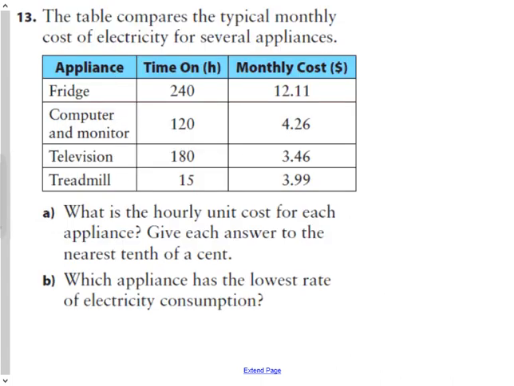Question number 13 says the table compares the typical monthly cost of electricity for several appliances. What is the hourly unit cost? So hourly unit cost means my hour and my cost. I want to figure out how much it is per unit of hours. So if it is 240 hours and it's $12.11, I want to know how much does it cost me to run my fridge for 1 hour.